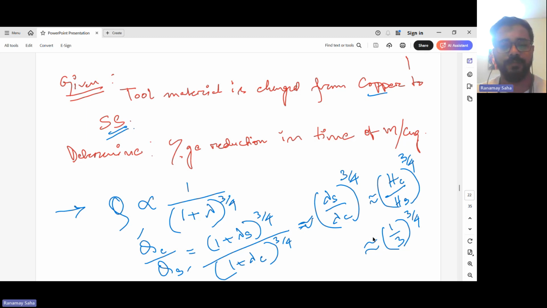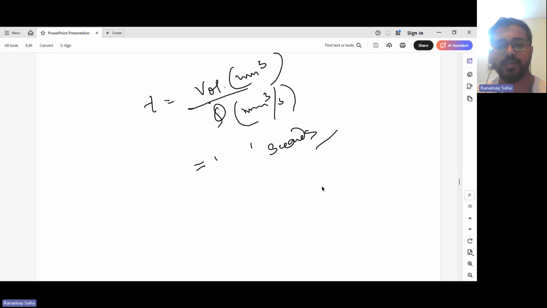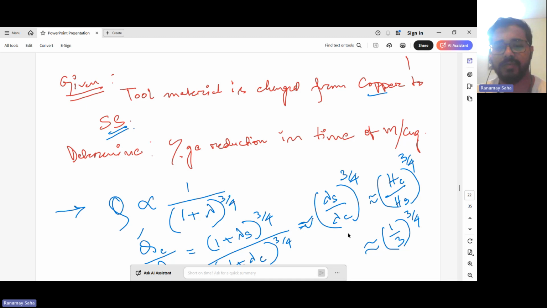Because this is inversely proportional, it equals 1 plus lambda s upon 1 plus lambda c, each to the power 3 by 4. Here lambda is the ratio of hardness of workpiece to the hardness of the tool. So you can plug in the values: 1 plus lambda s to the power 3 by 4 divided by 1 plus lambda c to the power 3 by 4, which approximately equates to lambda s upon lambda c whole to the power 3 by 4.